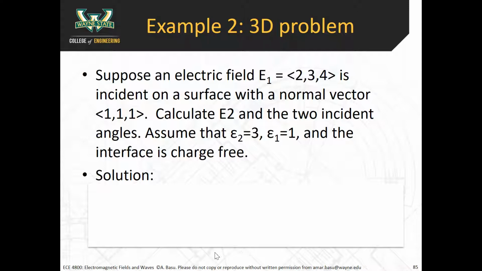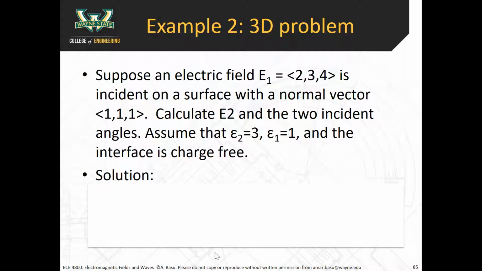Okay. One last part before I let you go. We're just going to calculate one of the incident angles, not both of them, just in the interest of time. Find the incident angle.